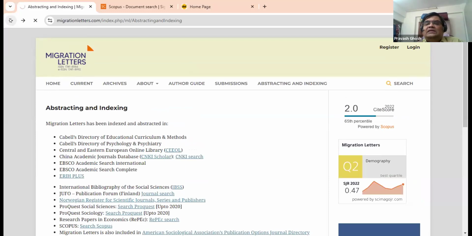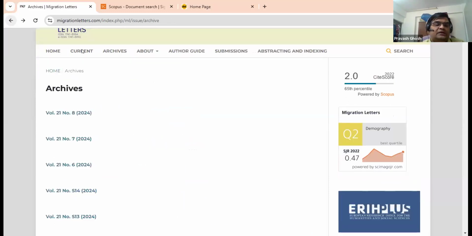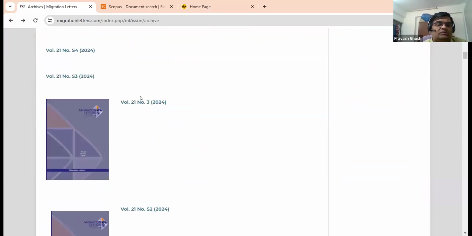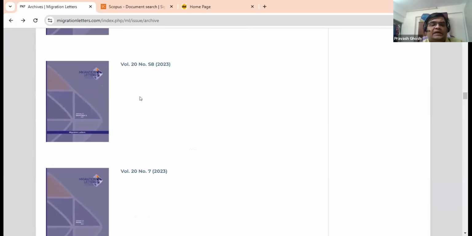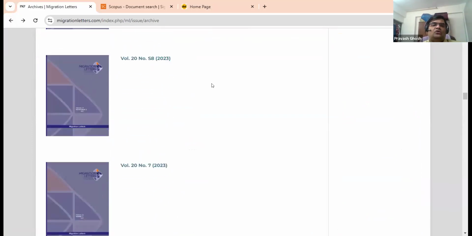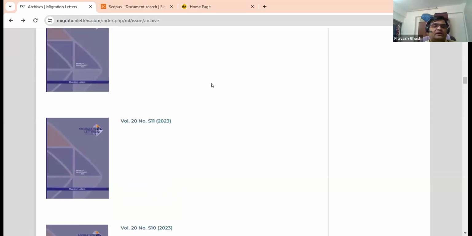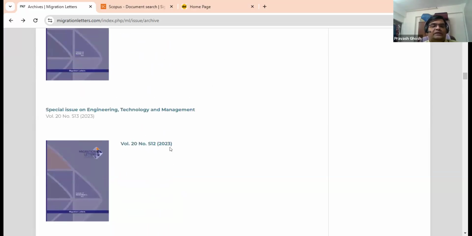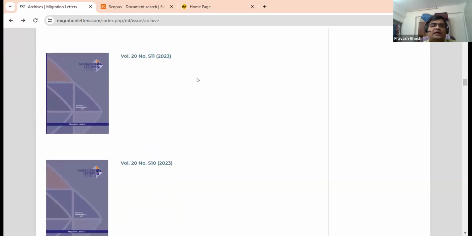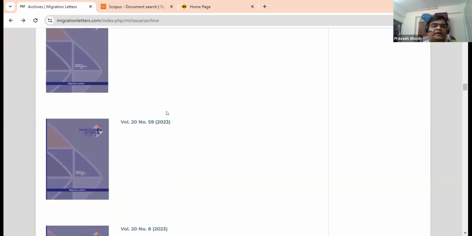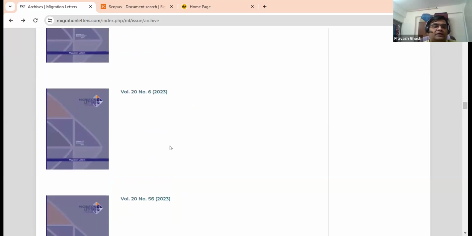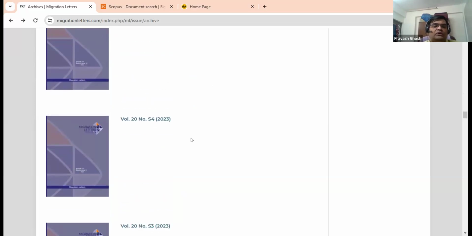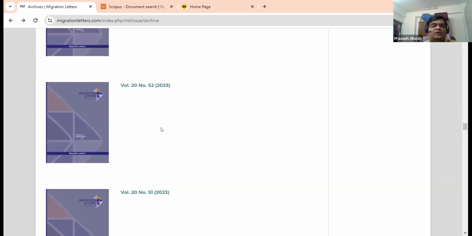Another thing, go to abstracting and indexing. Now we are only checking the journal; we have not yet gone to Scopus. You can see the number of articles. In 2024 there is nothing, but in 2023 see how many volumes they are publishing. Just 23 volume, with special issues, more than 12 issues, which is beyond even monthly.